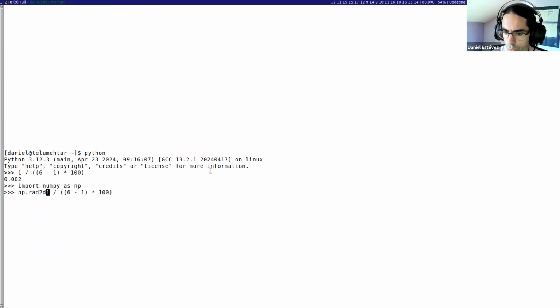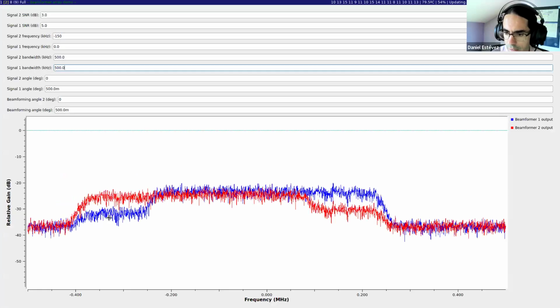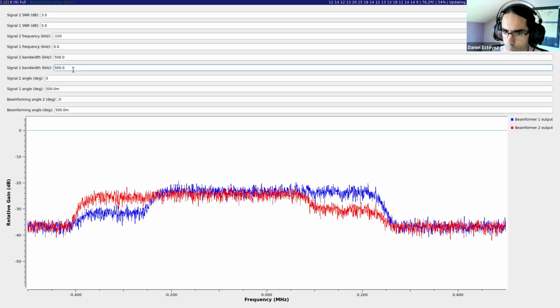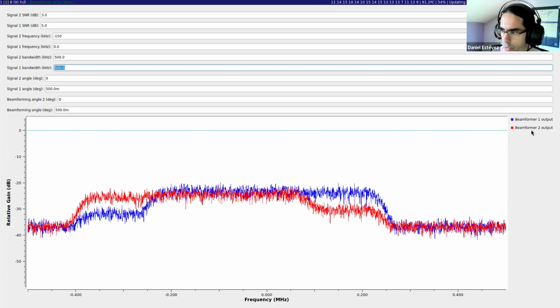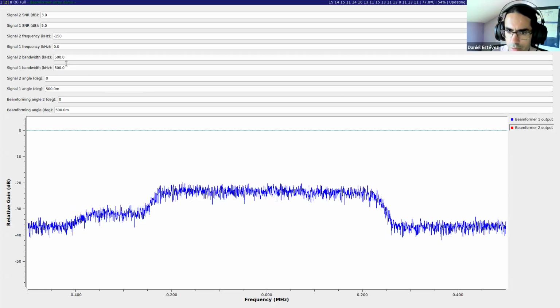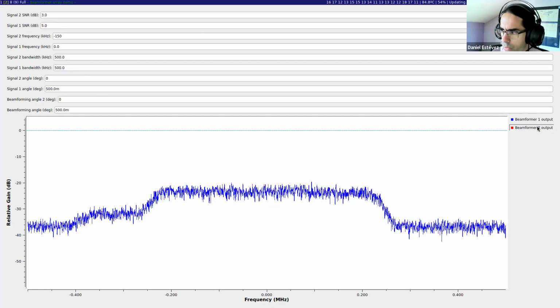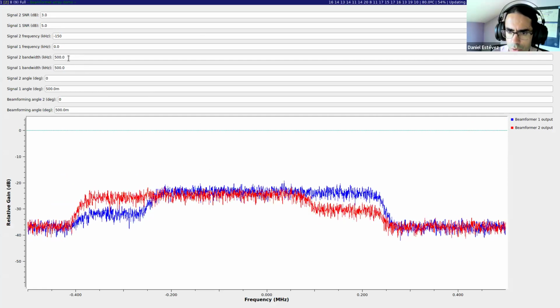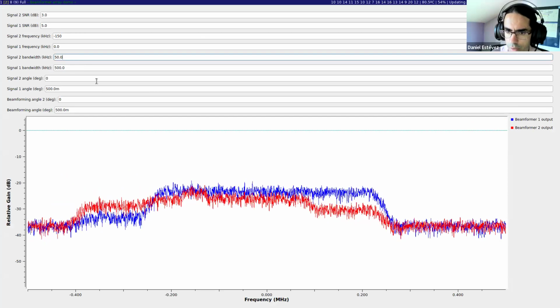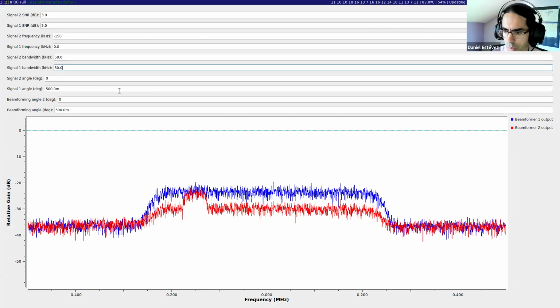If I want to convert this to degrees, I can do it like this. And you can see it's basically 0.1, or rather 0.15, which is basically what we saw before. So if I remove source number 2, let's make them 50 and 50 to have them separate.